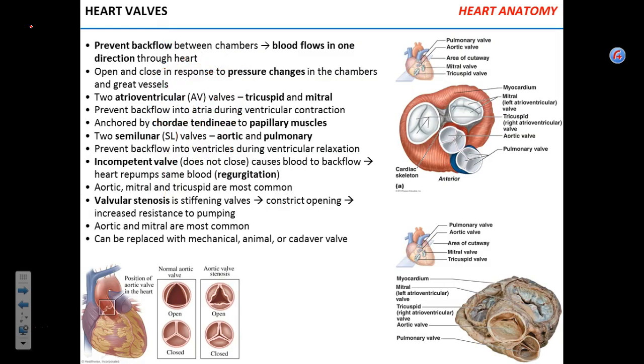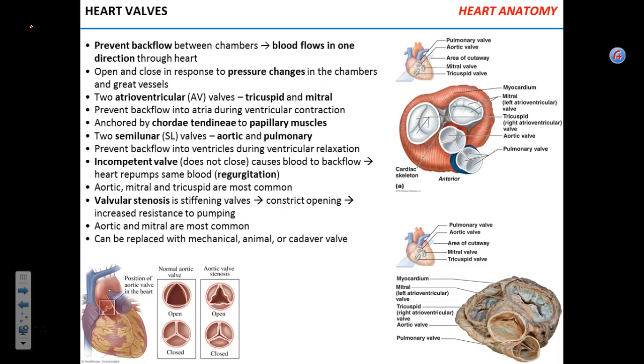Okay. Now, I want to remind you, we had a little talk about the valves, right? So there are 4 valves in the heart that you should be able to identify. The function of the valves is essentially to direct the flow of blood through the heart. Because if you think about it, blood flows in exact direction.